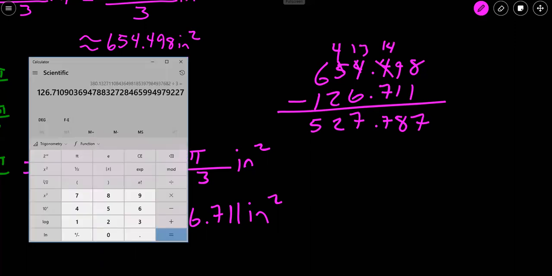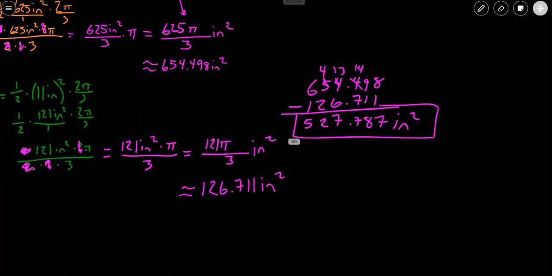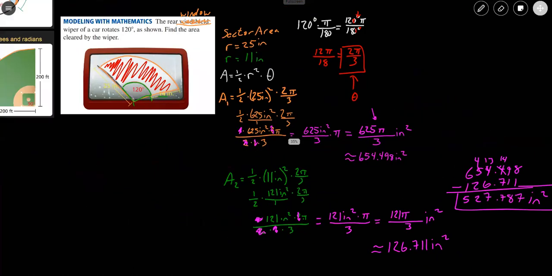I should probably make sure of that with my calculator because I don't do a lot of manual subtraction like that anymore. And I'm right, 527.787 square inches. So that's the area swept or cleaned by the wiper. This little area at the bottom isn't touched because there's no wiper there.